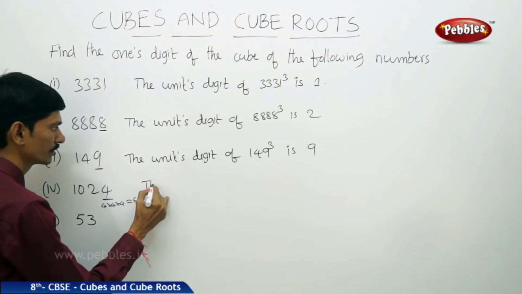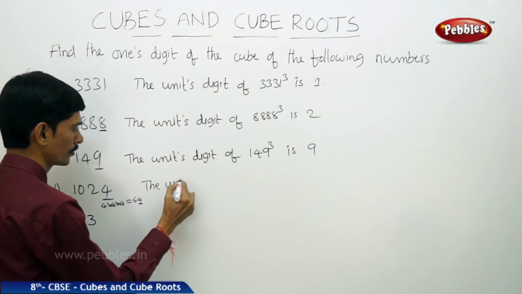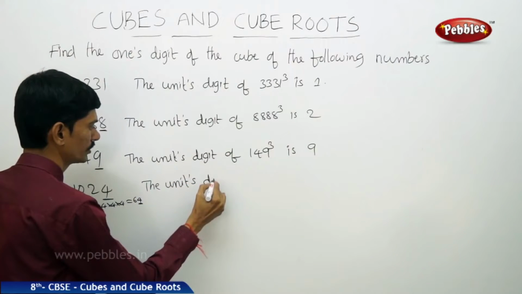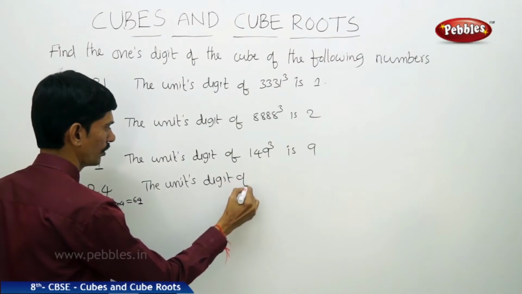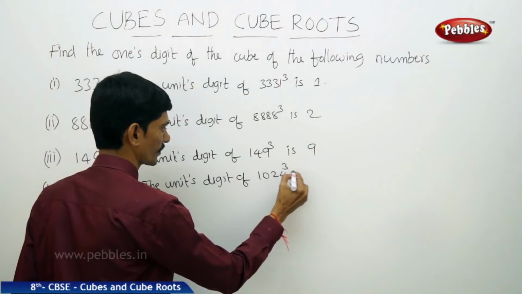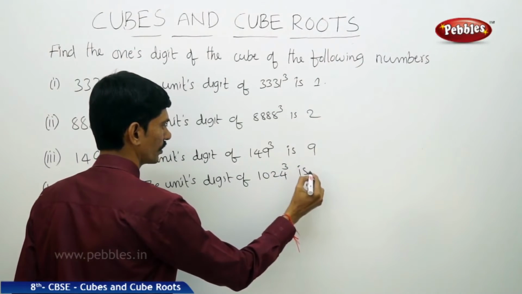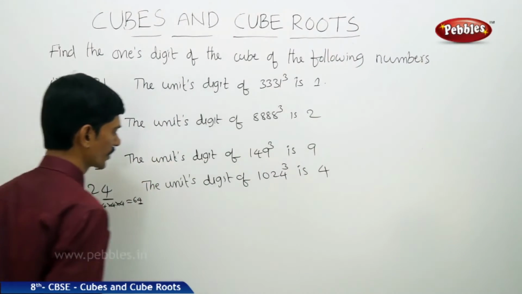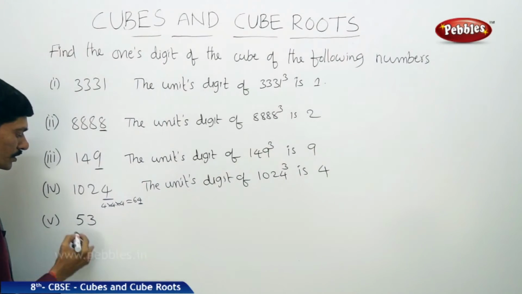So the units digit of 1024 cube is also 4.